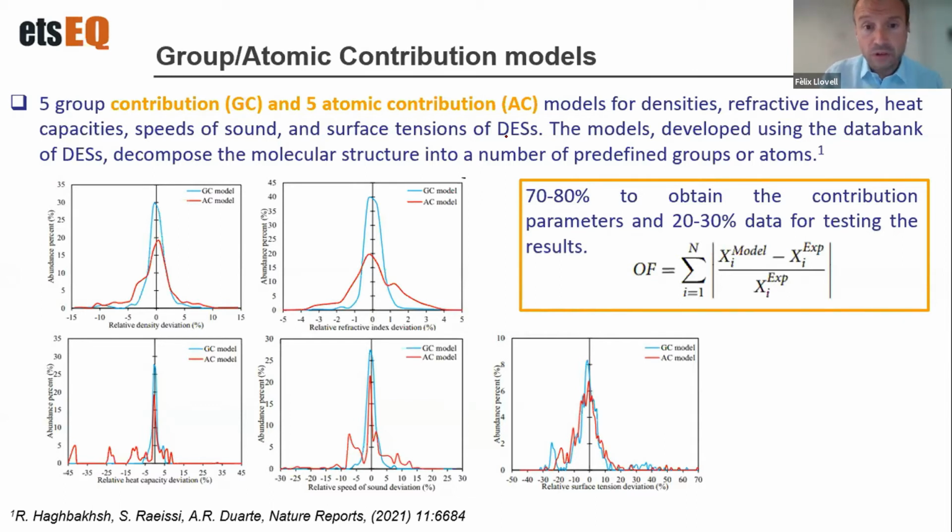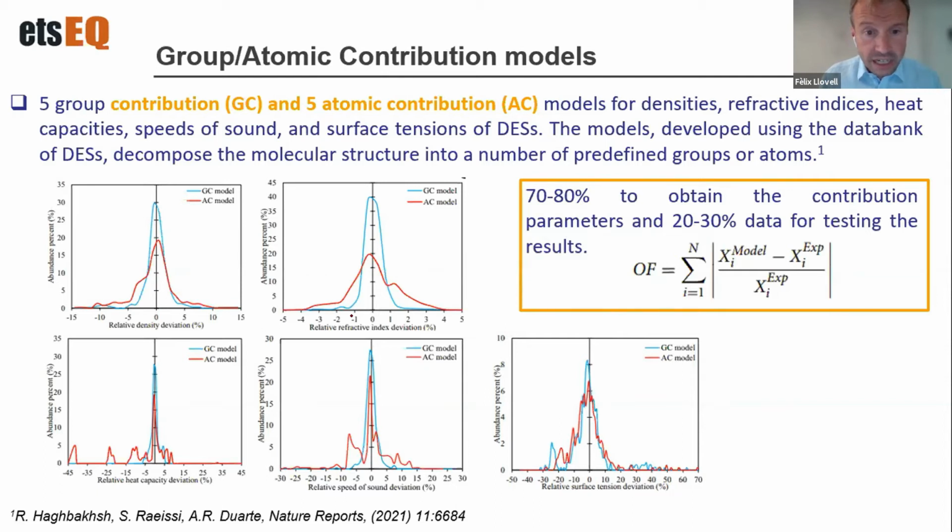When I'm talking about a good description of the molecules, for those of you who are not familiar with this type of studies, typically you select 70 to 80% of your database to fit your parameters, and then you leave 20 to 30% of your data to test your results. In this case, most of the calculated and tested results were having relatively low deviations, as you can see here in these images.